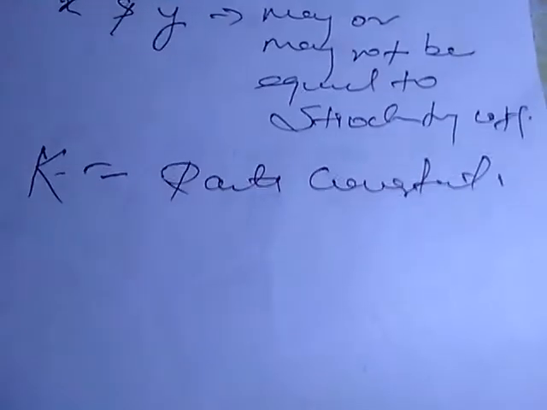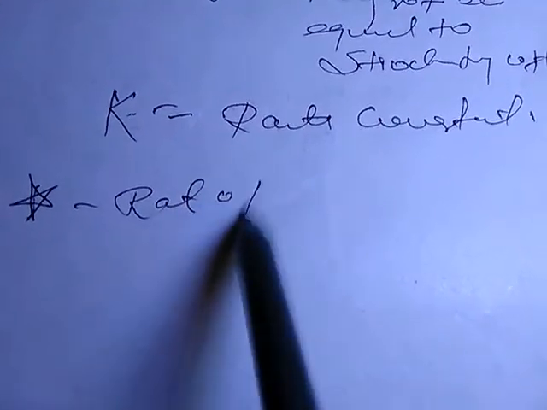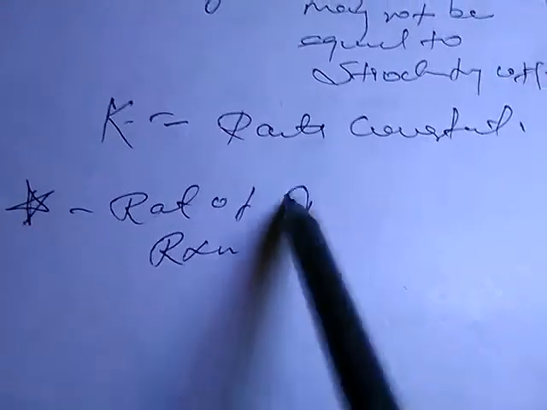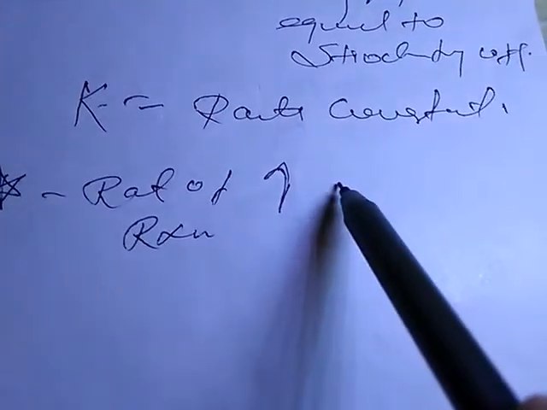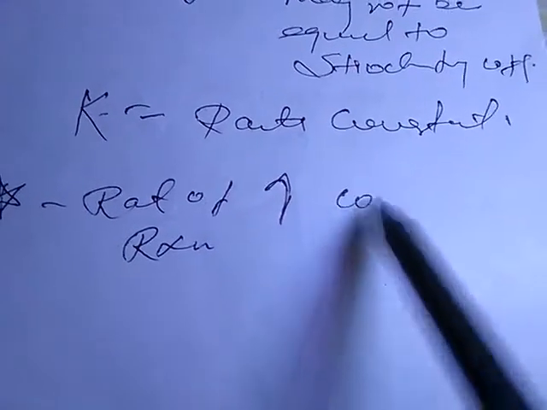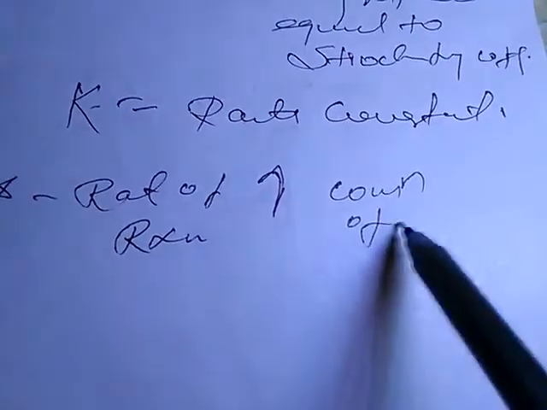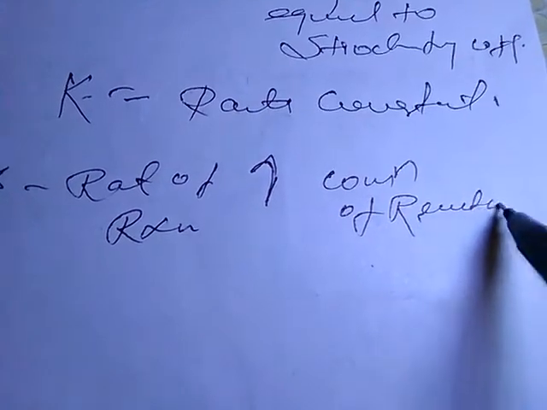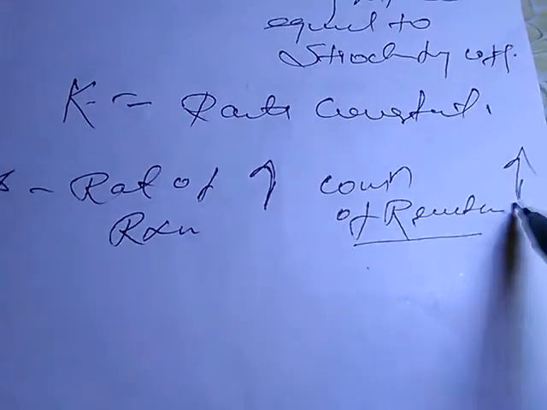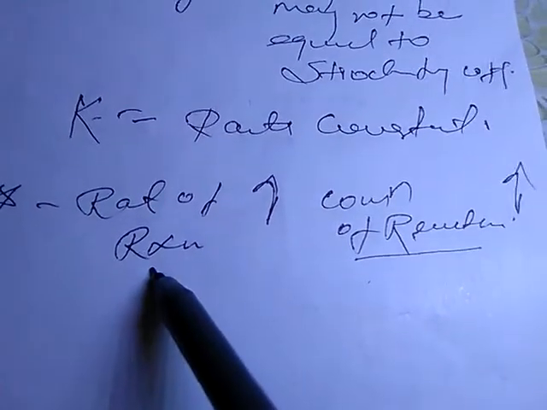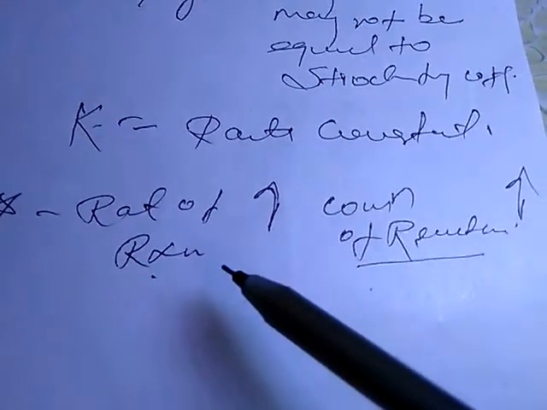So one thing which we can simply conclude here is that the rate of reaction will increase on increase in concentration of reactant. If the concentration of reactant is increased, the rate of reaction will also increase.